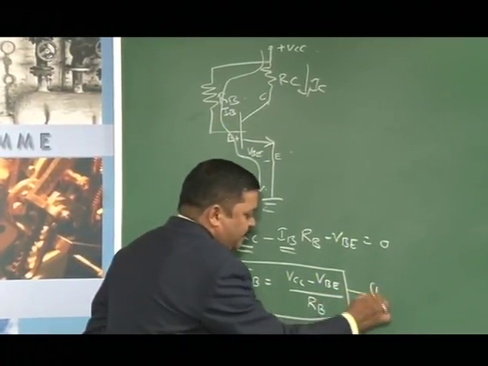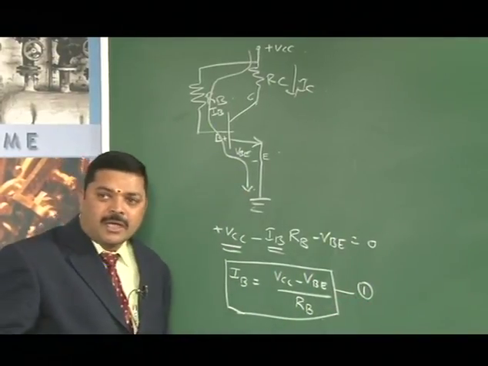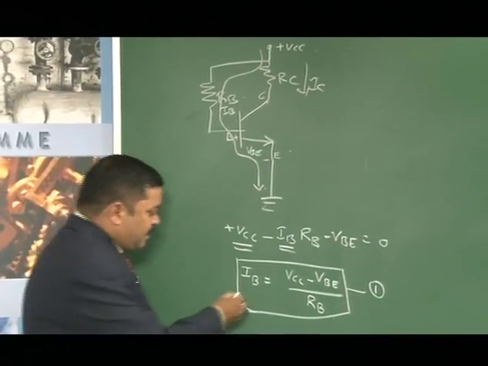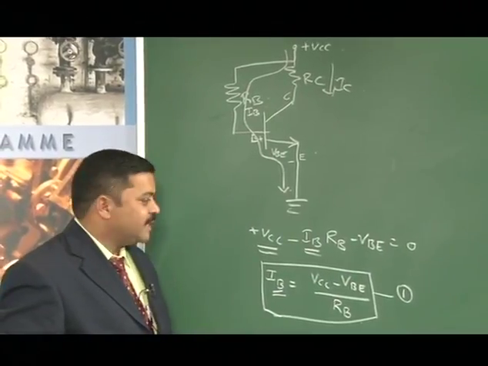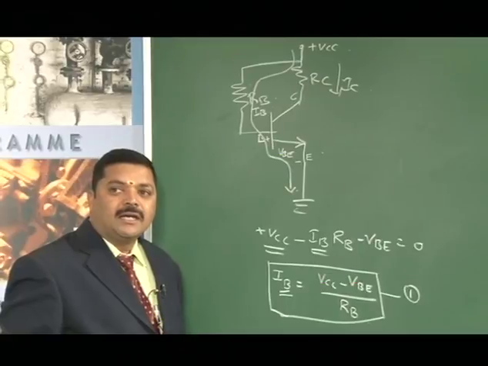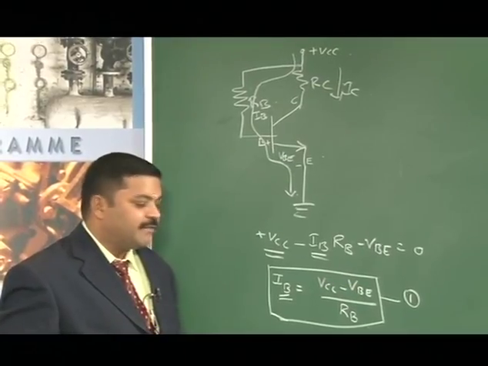Let me call this equation 1. Now I said a constant base current is made to flow in the base region, so that we get a constant collector current and our faithful amplification.